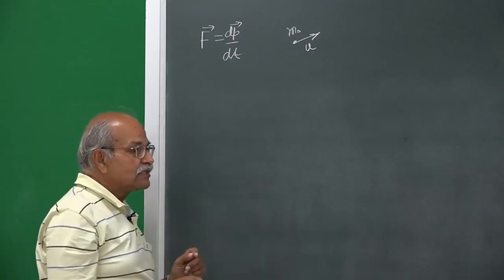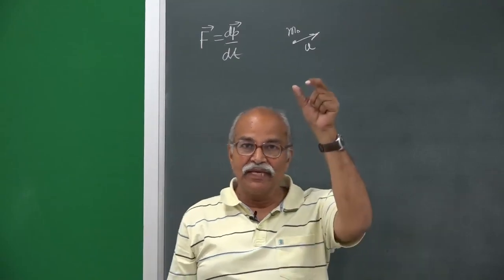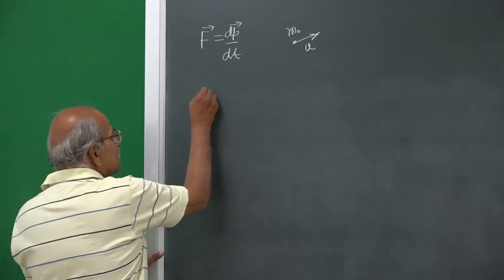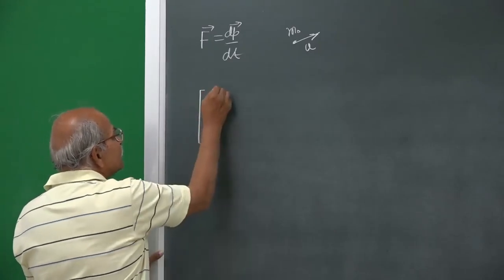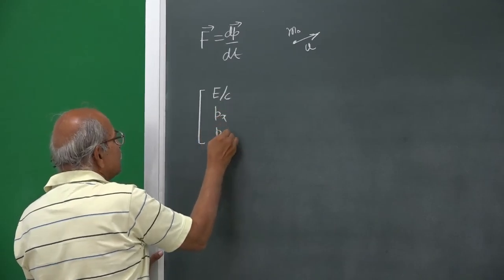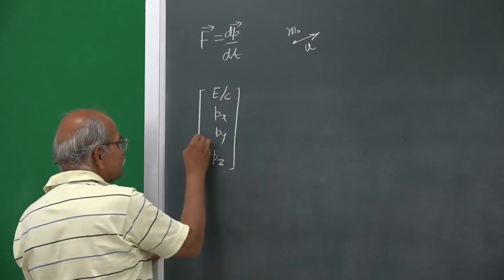and this energy, you remember energy and momentum, they make a 4 vector. The energy-momentum 4 vector is E by c and then px and then py and then pz, that makes a 4 vector.